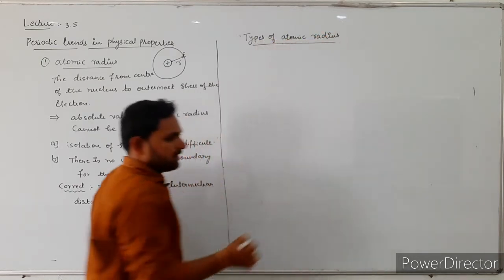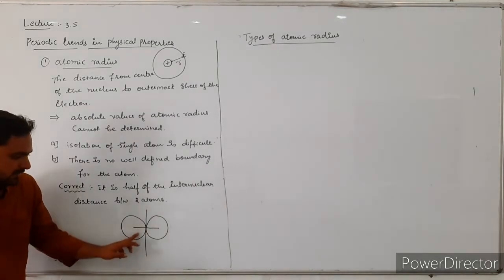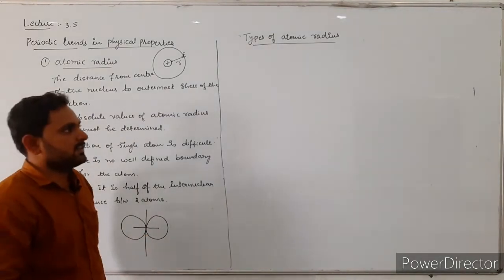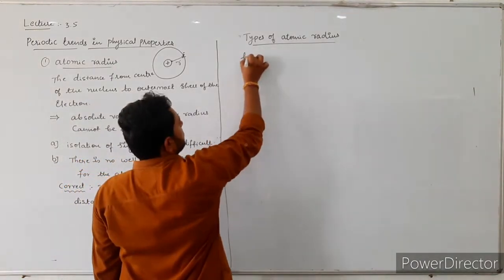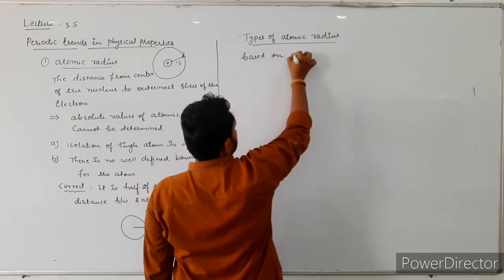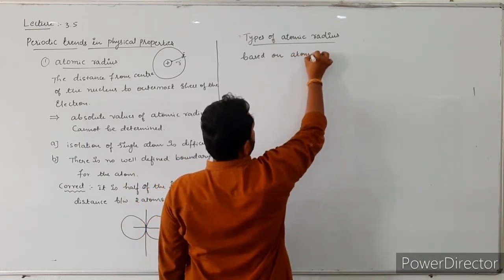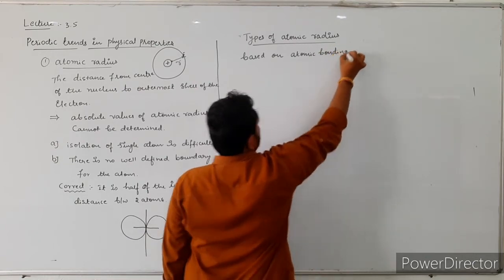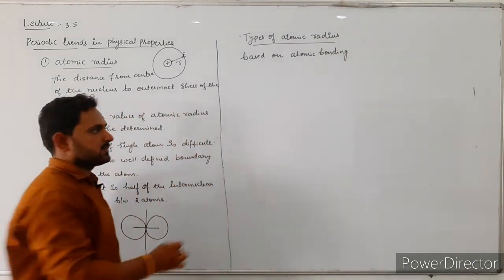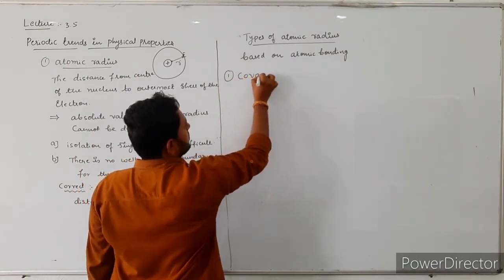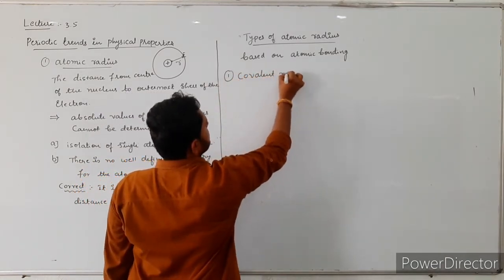Based on the atomic bonding, there are three types. One is covalent radius.